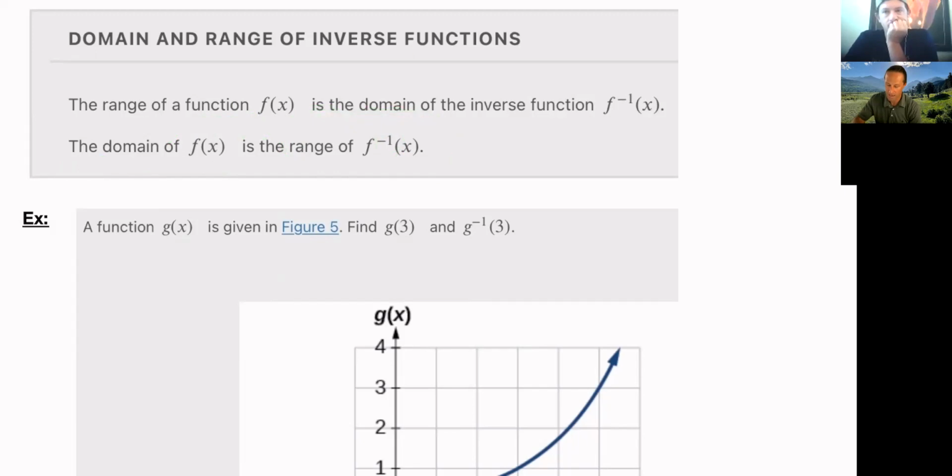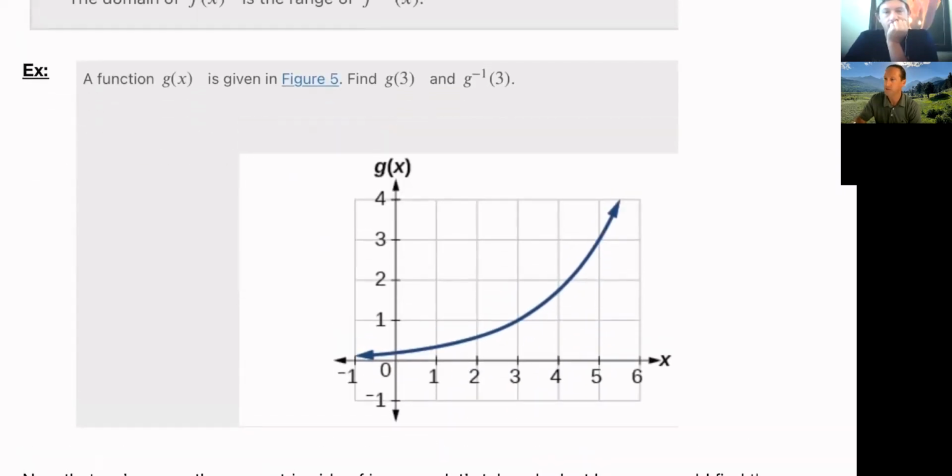Okay, so if I gave you this drawing, this graph, which hopefully you guys recognize, looks like what? Exponential. Very good. Looks like an exponential function, but it looks like it's been shifted to here.